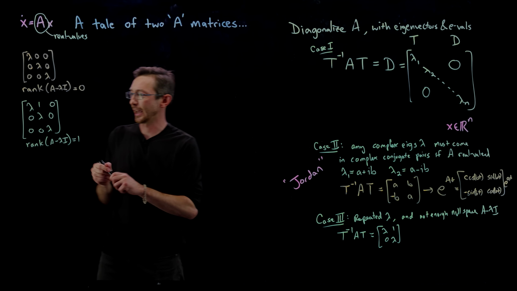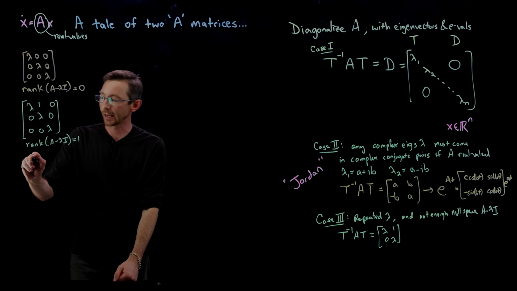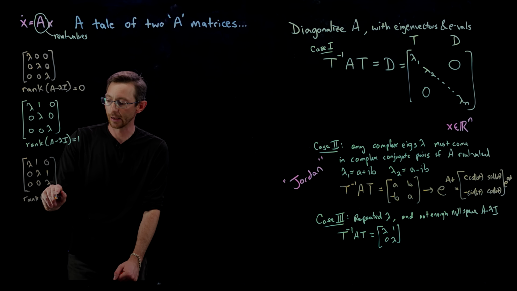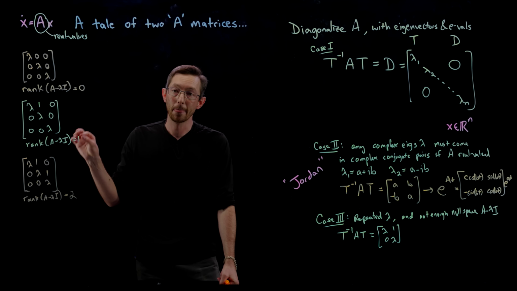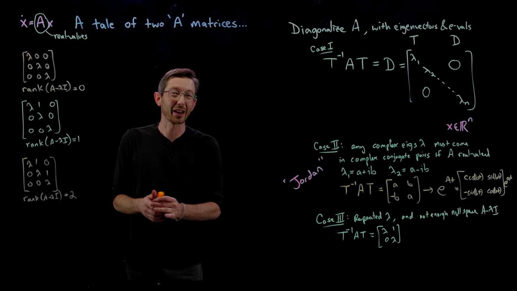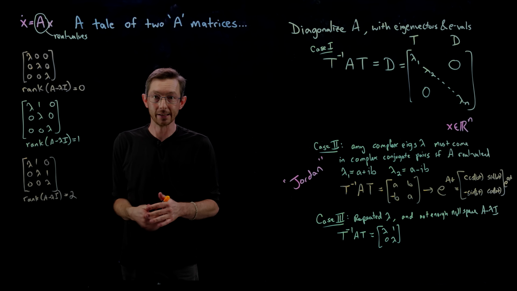And then the last case, I'll go back to orange. The last case would be if I have lambda, lambda, lambda, 0, 0, 0, 1, 1, 0. This would be the case if rank of A minus lambda I equals 2, meaning I only have a single null space direction of A minus lambda I, so I can only pull out 1 clean eigenvector, and then I need to find 2 generalized eigenvectors.